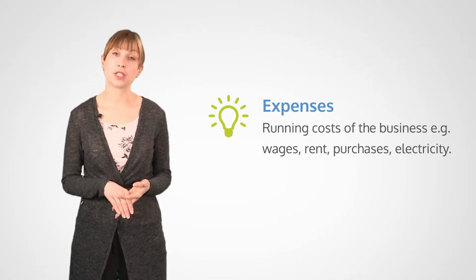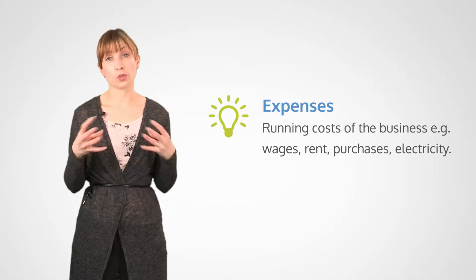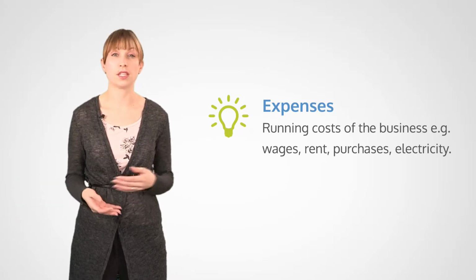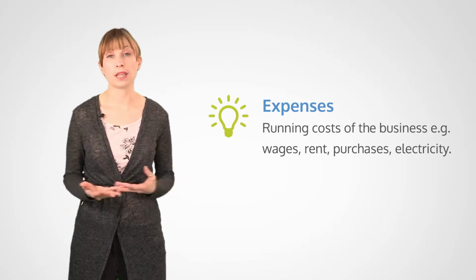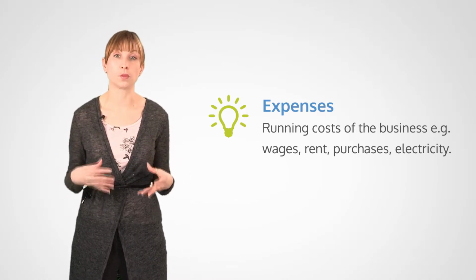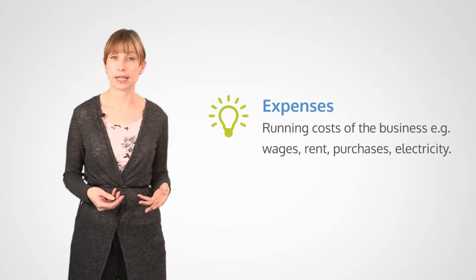We've also got purchases, and these are the goods that we're buying so that we can then go on and resell them, so they are your purchases. And another example would be things like electricity or gas, and it's just general running costs of the business. We need to have the lights on, we need to have the heating on.